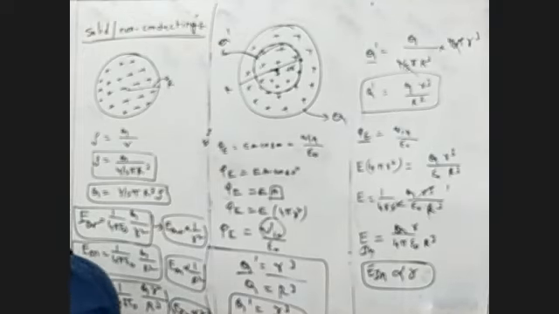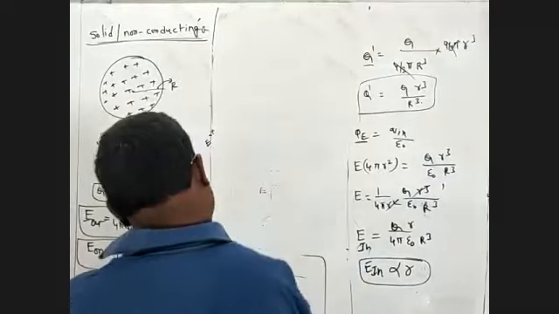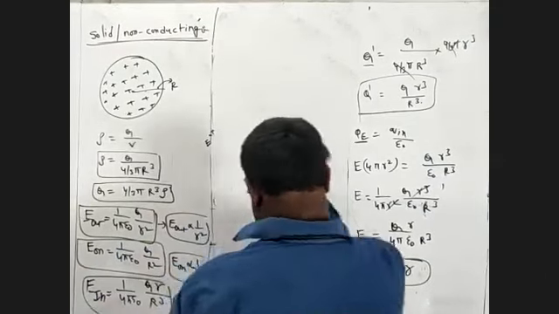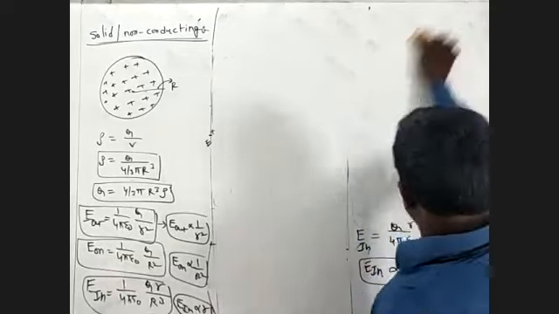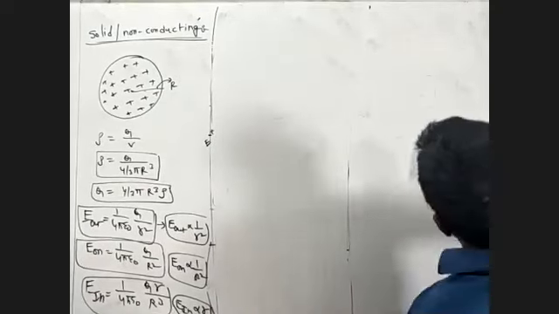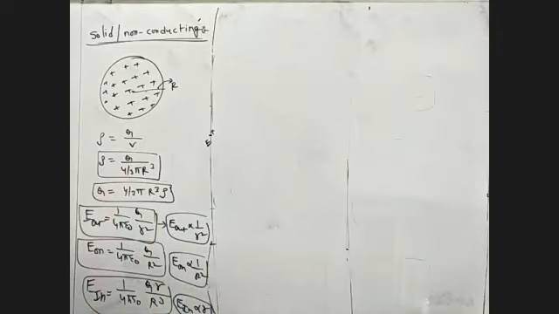That is the value. Now we are going to draw the graphs, E versus r. Here we mark E out, E on and E in.